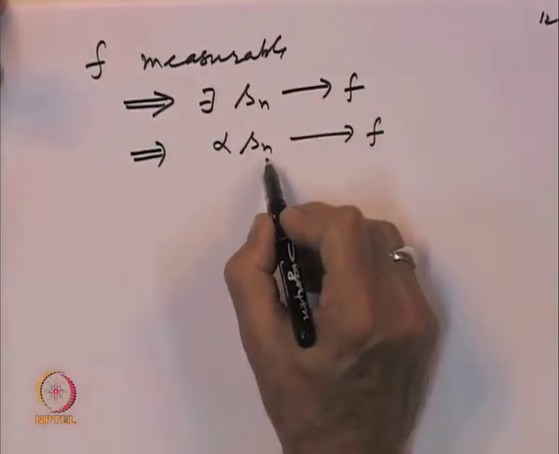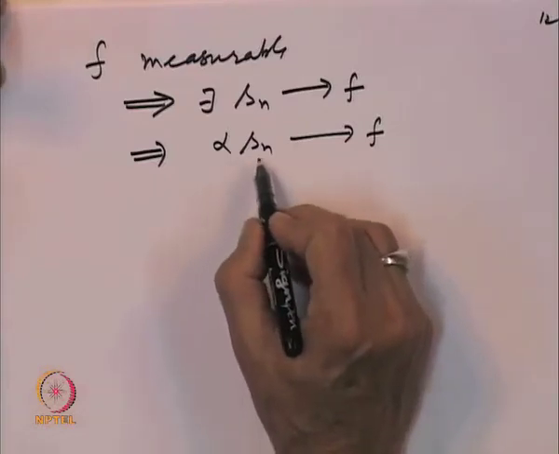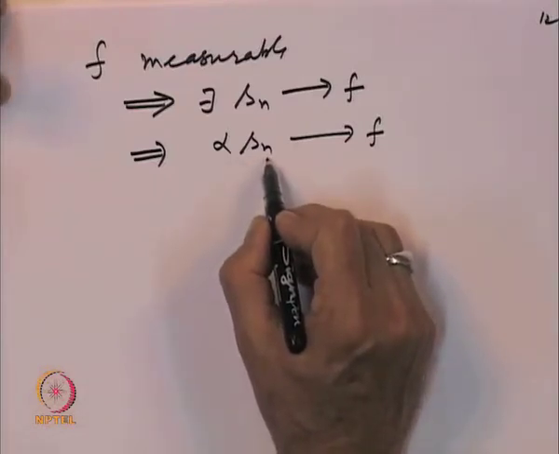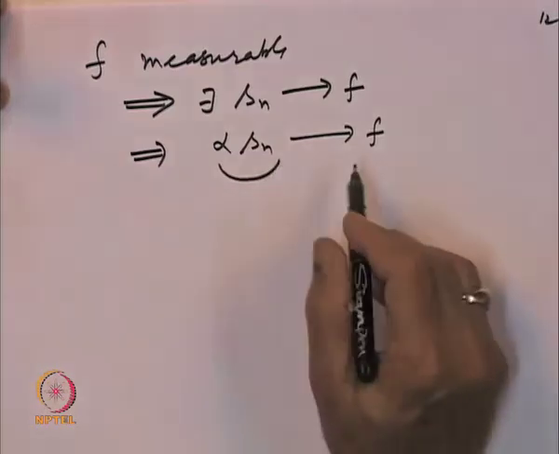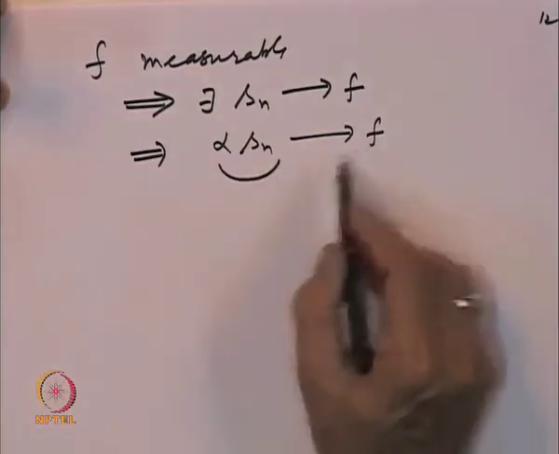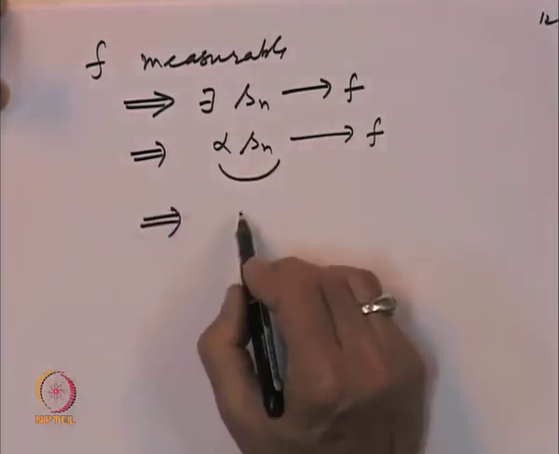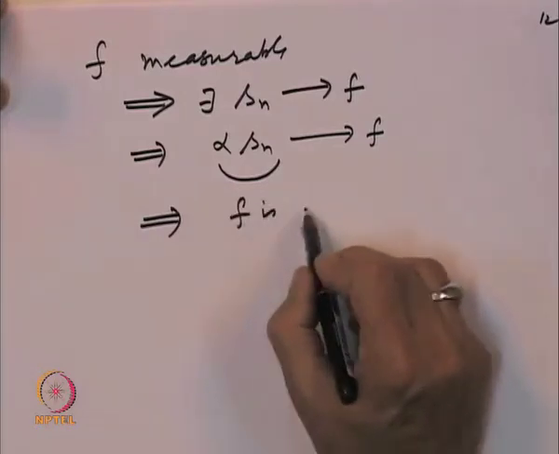Because S n is simple measurable, a constant times a simple measurable function is again measurable. So, this is a sequence of simple measurable functions converging to alpha f, and by the previous theorem alpha f is measurable.